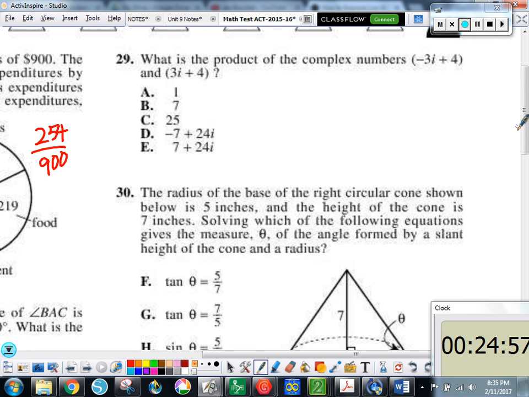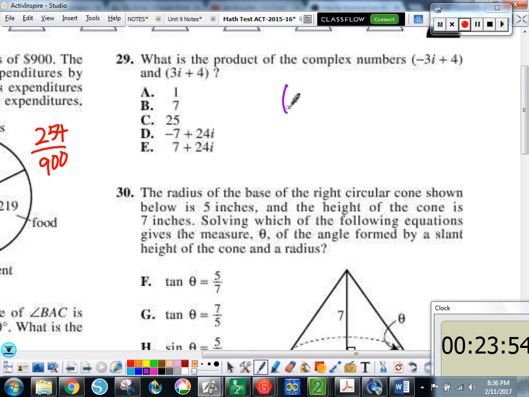Product means multiplying. So we're going to multiply these.